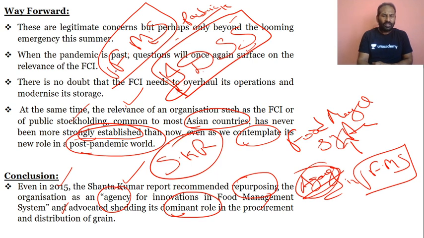At the same time, in regards to food management system also, there has to be an innovation. So I think now you have understood better how we can focus on both disease surveillance system and food management system, and you can also link both of them. If a question is asked you can write an answer: India's disease surveillance system, and then food management system.